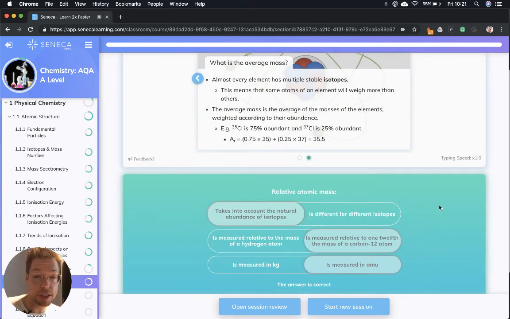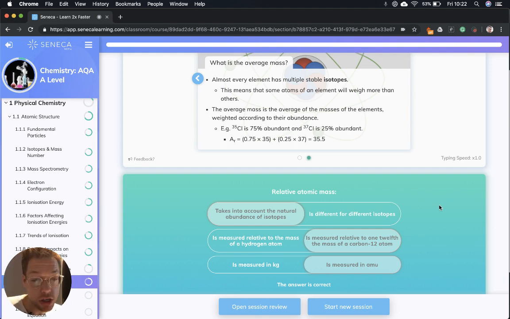So let's review those specifics of relative atomic mass again. There are three key things I want you to take away. First of all, that it takes into account the natural abundance of isotopes. So like in that example of chlorine we just talked about, the relative atomic mass is based on all of the isotopes of an element. It's an all-inclusive definition.